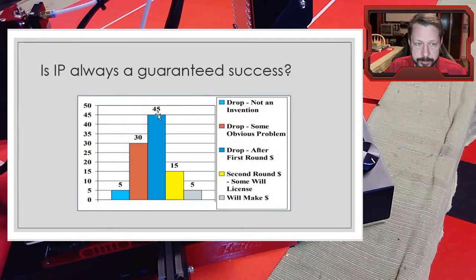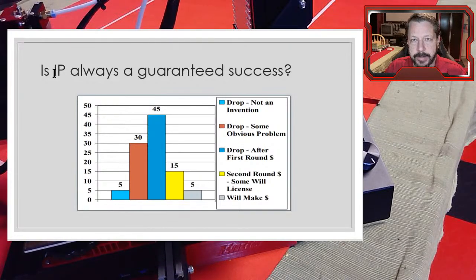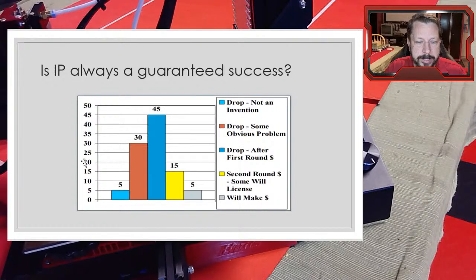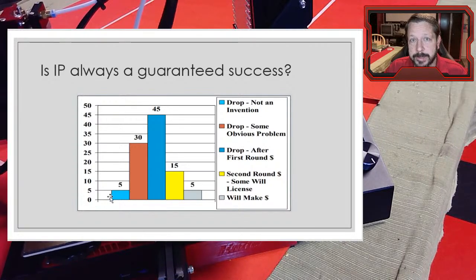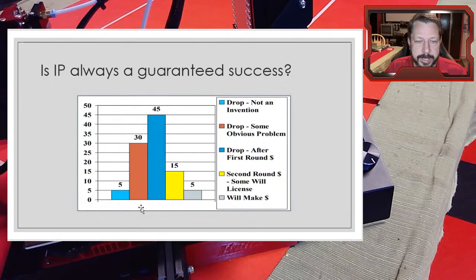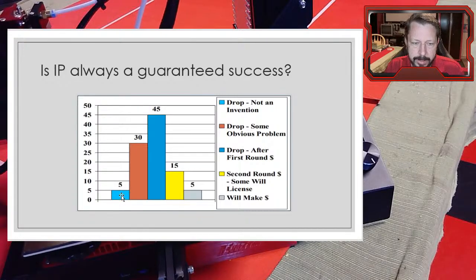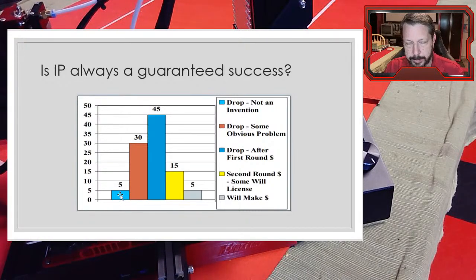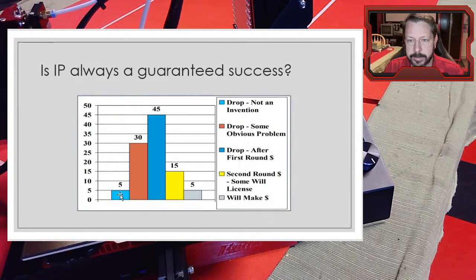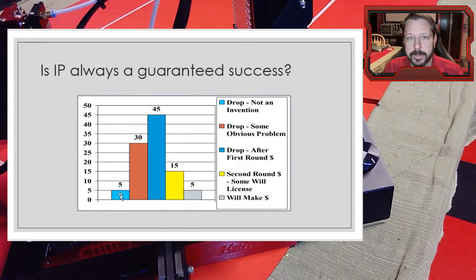45% of the time, you've got some IP, particularly in this case, thinking of like you have gotten a patent. Now, you probably couldn't actually get a patent if it's not an invention, particularly if it's already been patented. You can't get a patent on that. But a lot of these patents, the patent office is not necessarily going to tell you that it will work or not.